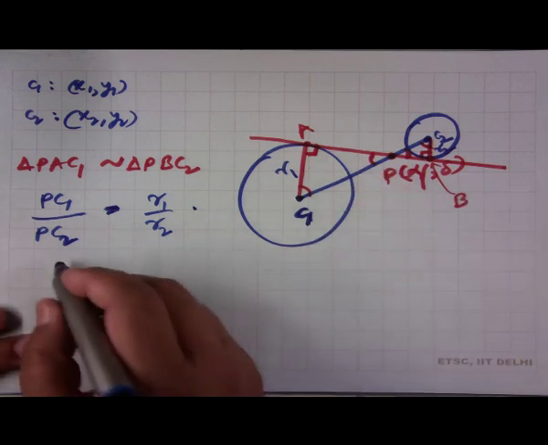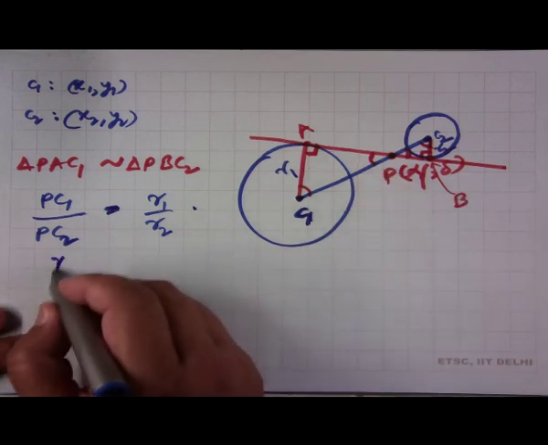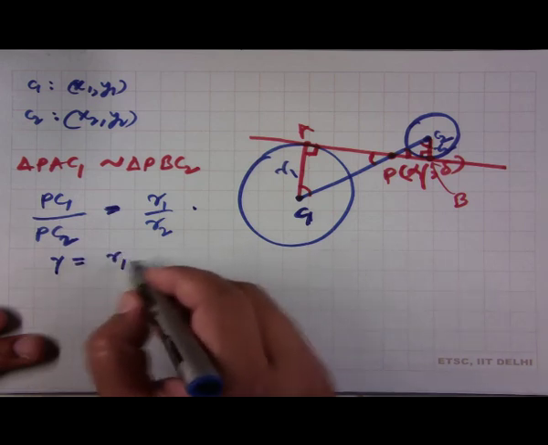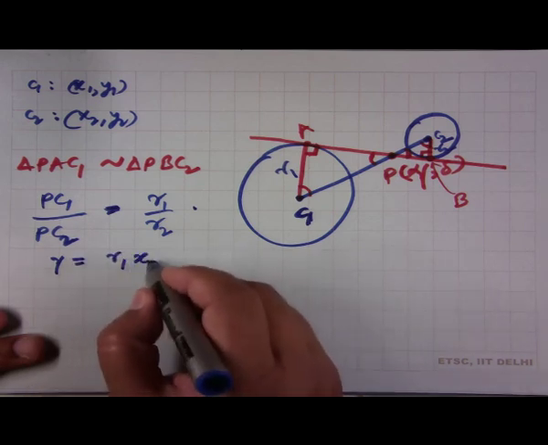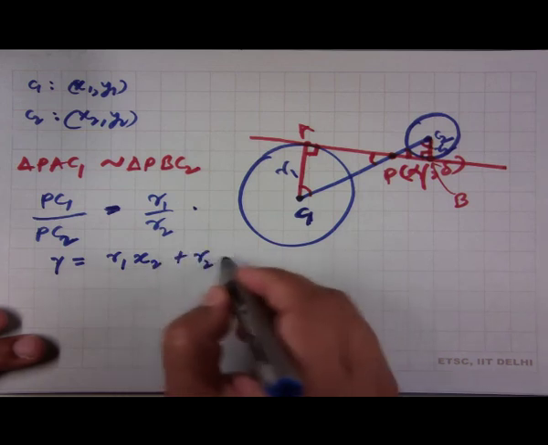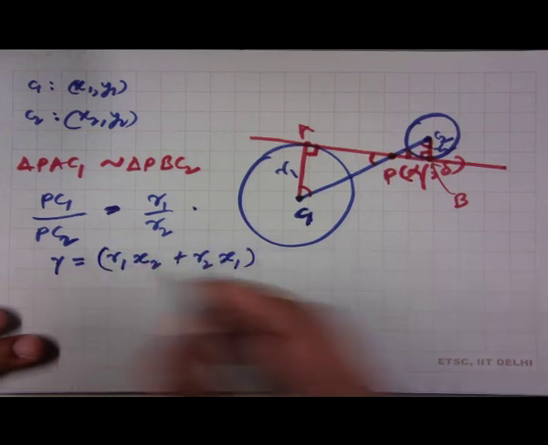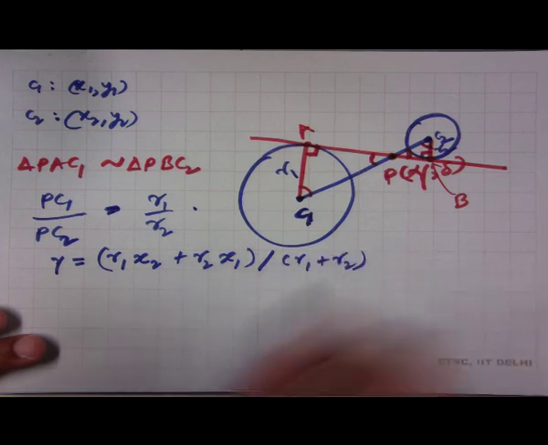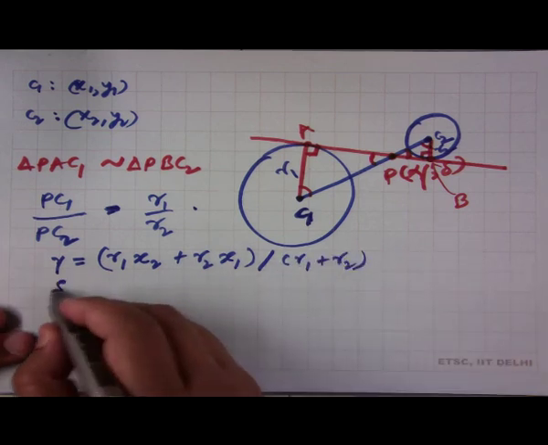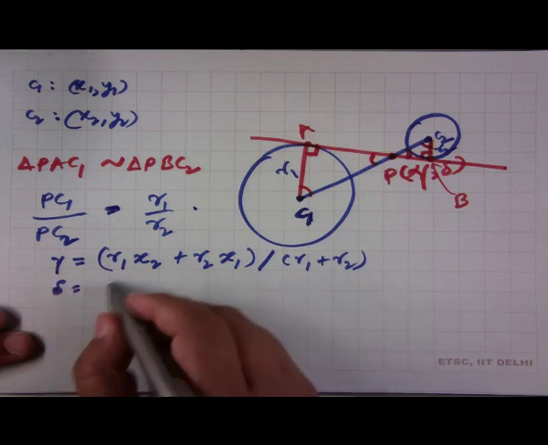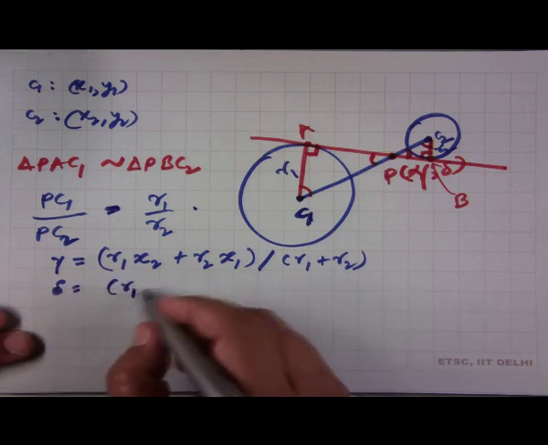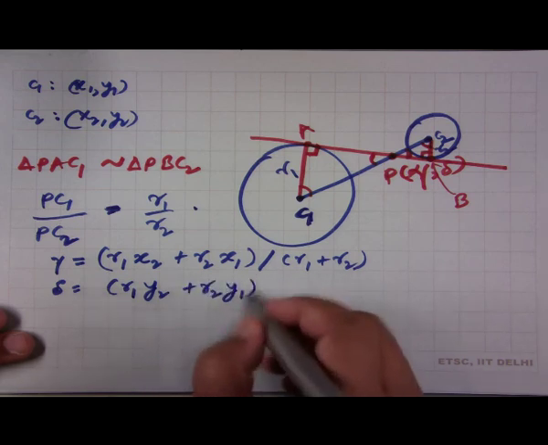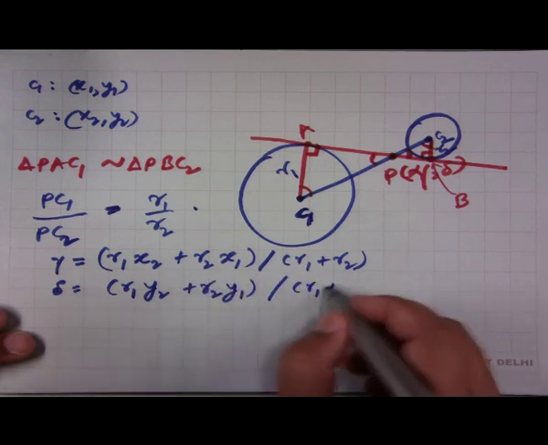One can show that the x coordinate gamma of the point P is given by r1 x2 plus r2 x1 divided by r1 plus r2, and the y coordinate is given by r1 y2 plus r2 y1 divided by r1 plus r2.